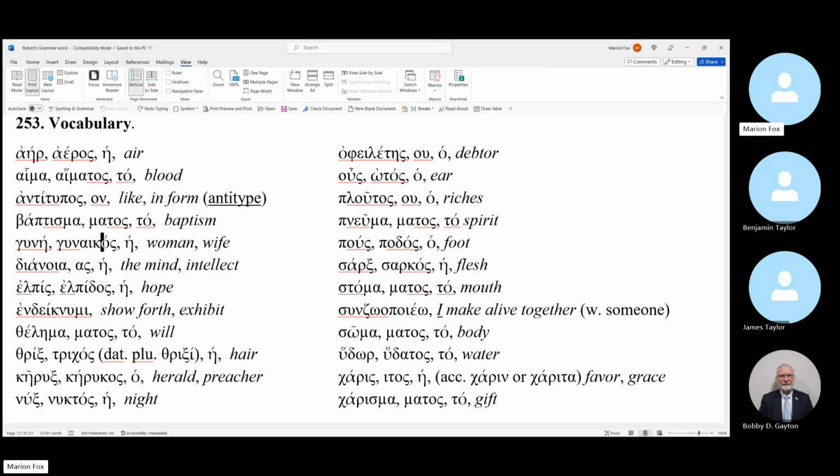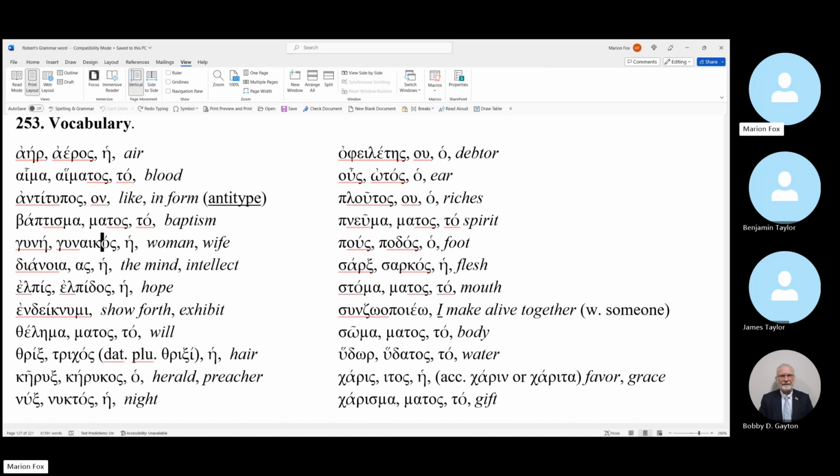If it's man, it wouldn't be man and wife, it'd be man and woman. I argue that's much more reasonable: if the word anēr is translated husband, then gunē should be translated wife. If it's translated man, it should be translated woman if they're paired up with one another. That's just my thinking. I don't know that I can prove it. That's just how I see it.